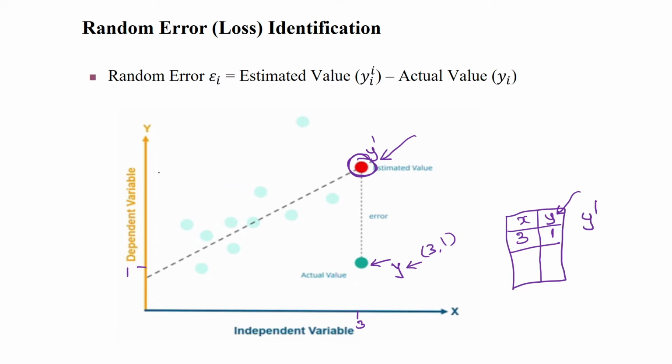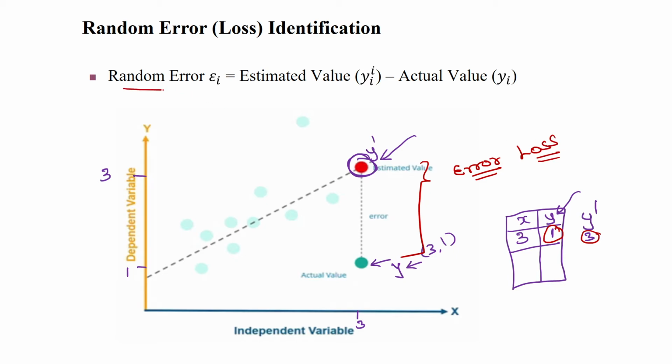For example, the predicted value is 3. So there is an error between the actual value and the predicted value. Here the actual value is 1, the predicted value is 3. The difference between the predicted value and the actual value is called error. This is called loss.